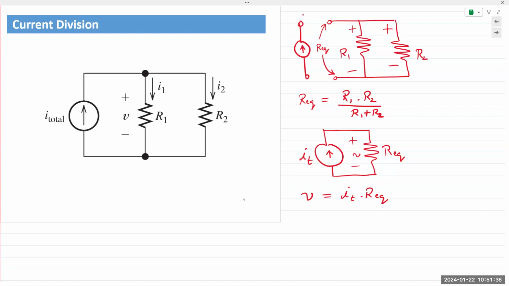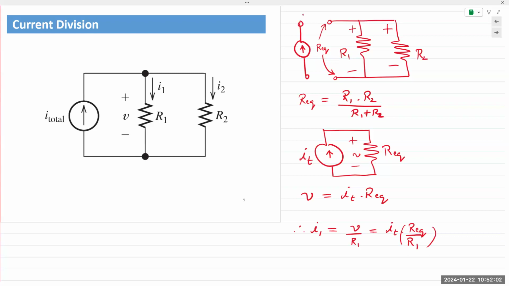Now we apply Ohm's law again. Expand the circuit again. Once we expand it, I1 is V over R1. V is IT times Req. Rearrange the terms, and I get this equation: I1 equals IT times Req over R1. Let's take a 10-second pause while you write it down and think over it.